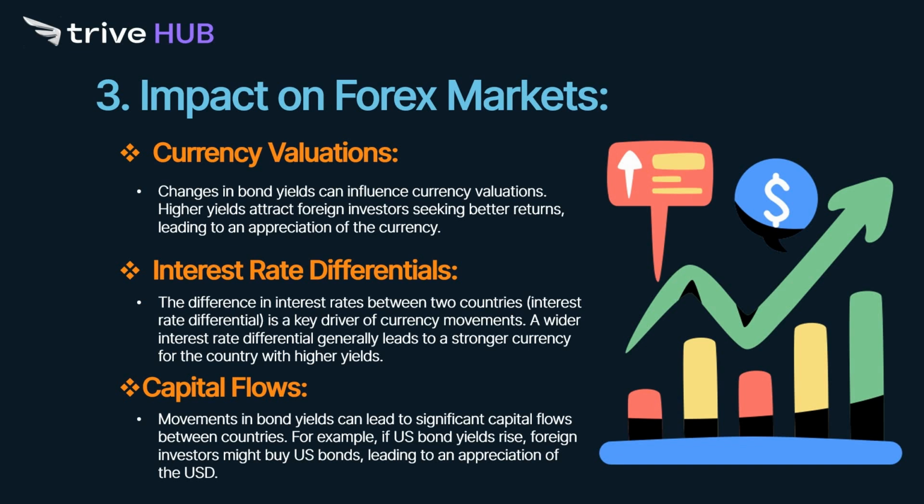Then the market sentiment, risk-on market sentiment, plays a crucial role in currency movements. During periods of certainty, investors are more willing to take on risk, leading to stronger currencies in emerging markets and higher yielding currencies. In contrast, during risk-off periods, investors seek safe haven assets, strengthening currencies like USD and JPY.